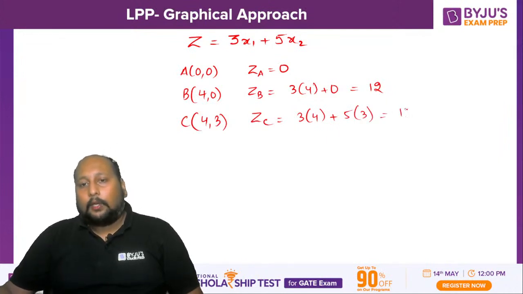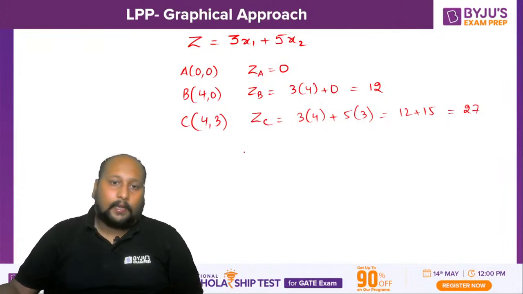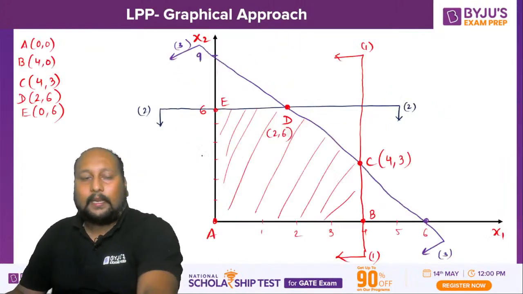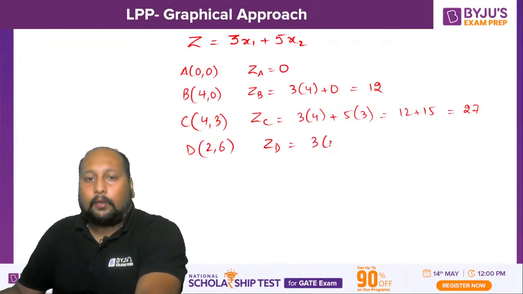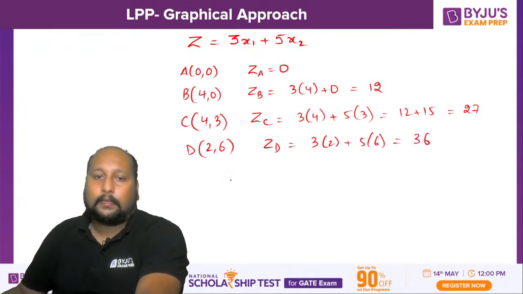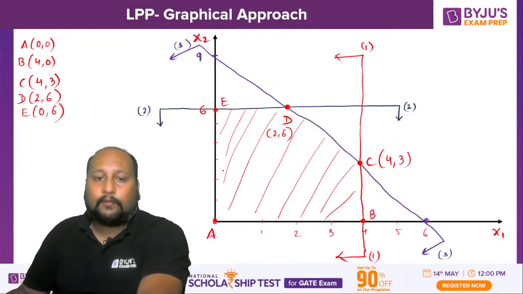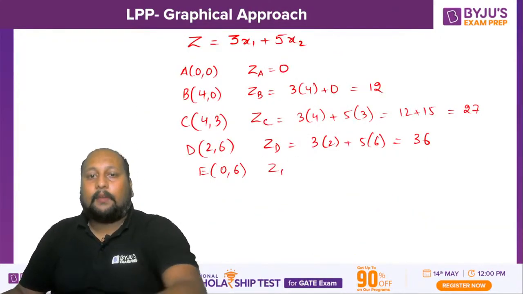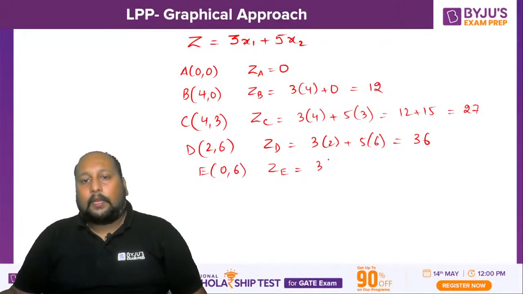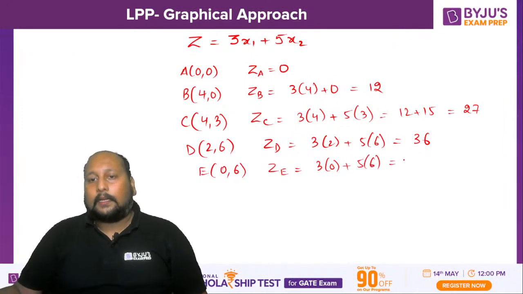So this will be 12 plus 15, that is 27. Point D is having a coordinate of 2 comma 6. ZD will be equal to 3 into 2 plus 5 into 6, that is 36. And E is having a coordinate of 0 comma 6. So ZE will be equal to 3 into 0 plus 5 into 6, that is 30.